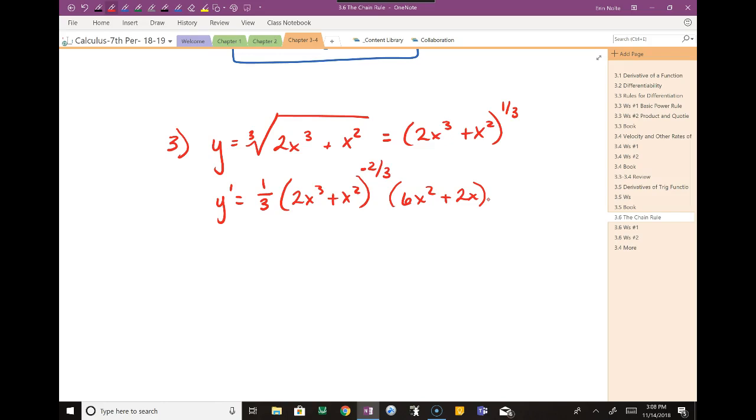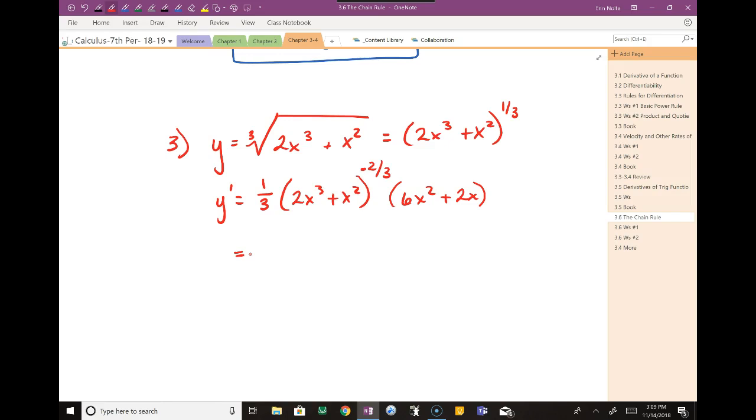So what's happening is I'm going to write this as a fraction. Okay, so I'm going to have stuff that's on the top and stuff that's on the bottom. If I'm looking at my 1/3, the 1 is going to exist on the top. The 3 is going to be on the bottom. Where is this quantity going to be? Bottom.